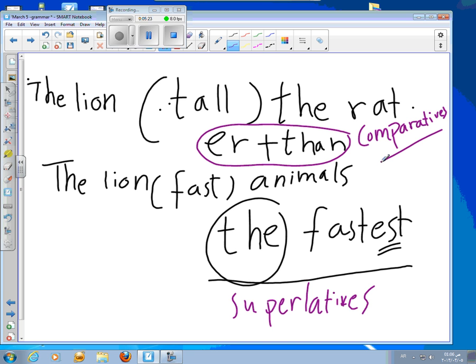Either as adjective as, when what I'm comparing between are equal. Or the comparatives, which I use when I compare between two, one of them is not like the other. And the superlative is when I compare between one to many. This one is different from the others I compare to.